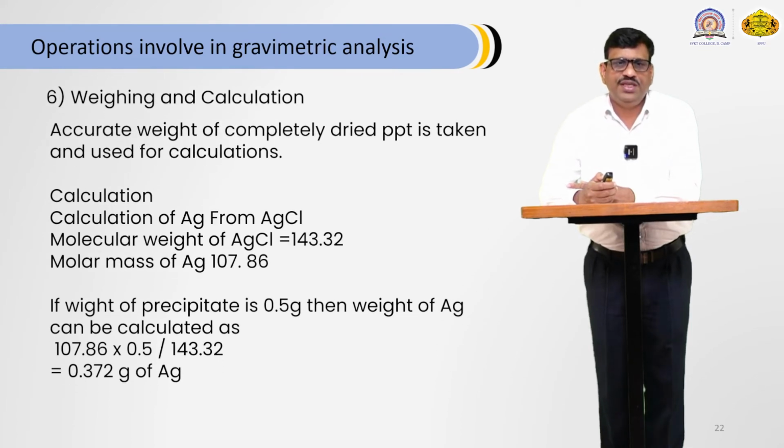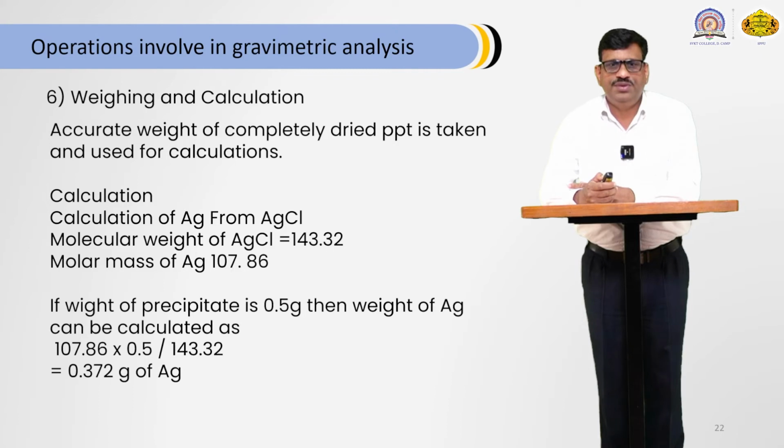Another operation is weighing and calculation. The accurate weight of the completely dried precipitate is taken and used for the calculation. How that calculation is carried out, here one example is given: calculation of Ag from AgCl. Suppose we want to find out the amount of Ag present in the solution.